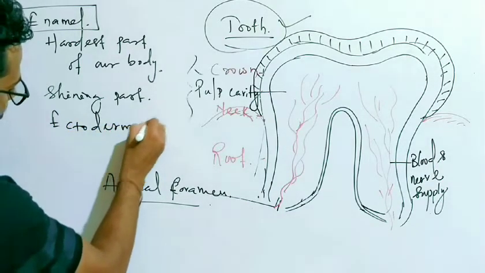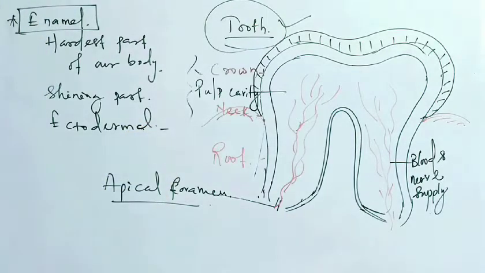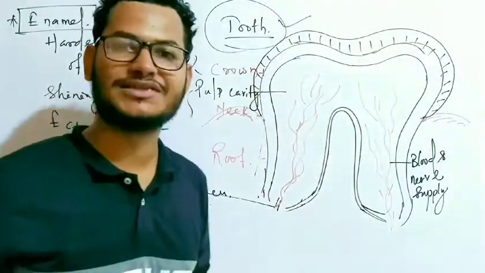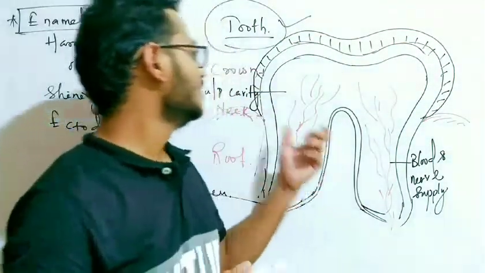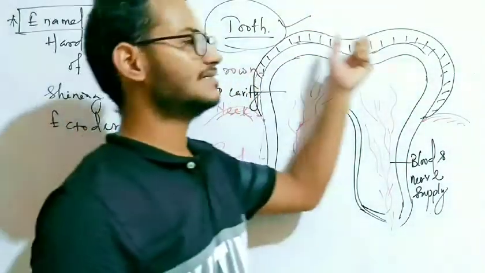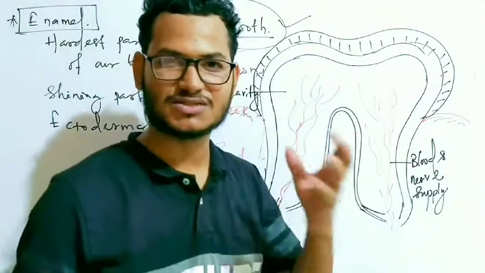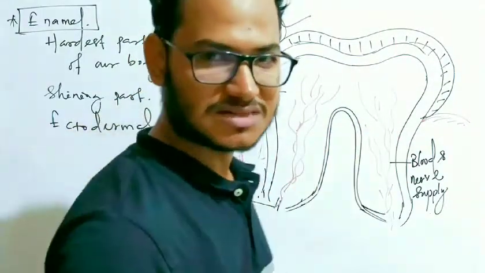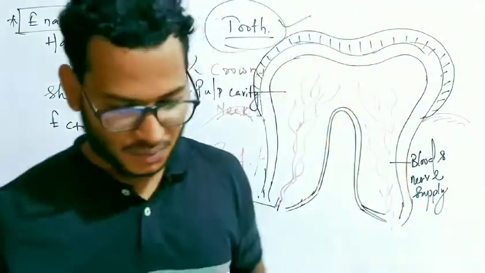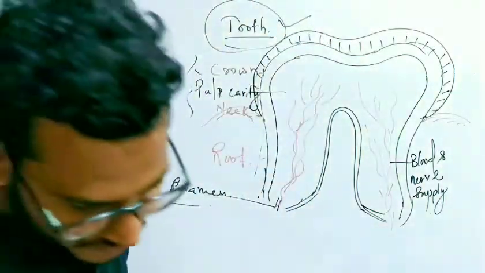ectodermal in origin. So enamel is ectodermal in origin, and it is not present throughout the structure of the tooth, but it is only present on the crown region to make it shining and glossy. So our tooth looks very good and white due to the presence of enamel.